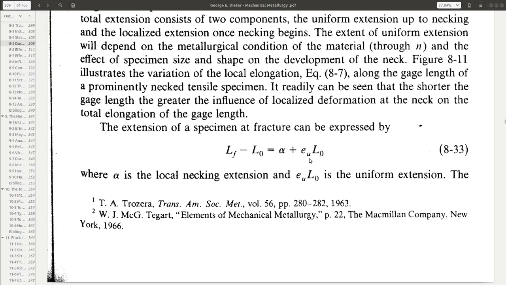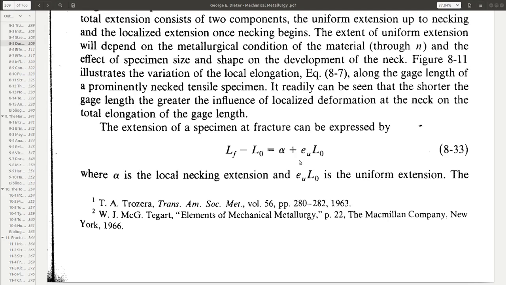EU is the engineering strain at ultimate tensile strength, and L0 is the original length. This provides the elongation when the specimen reaches its ultimate tensile strength.